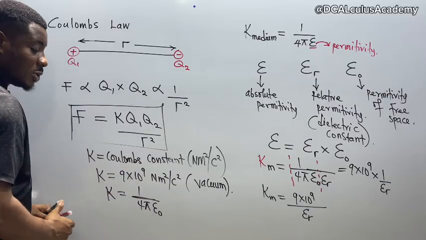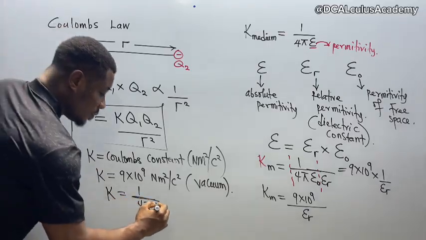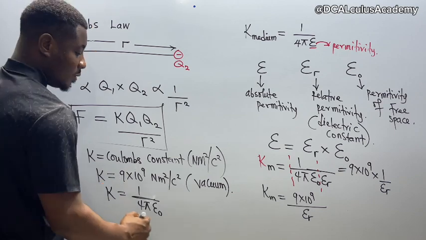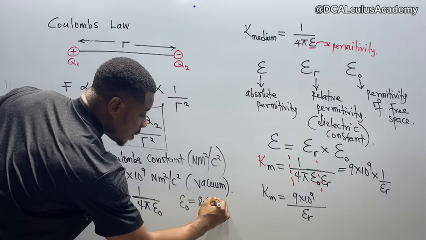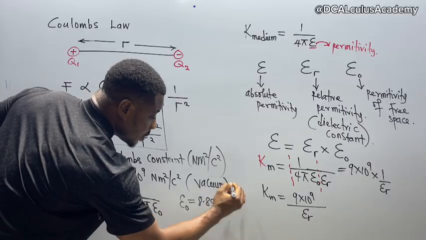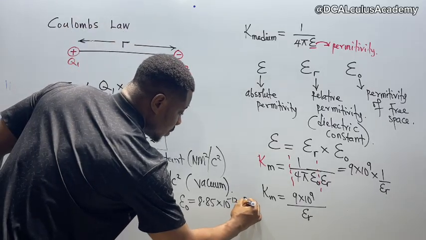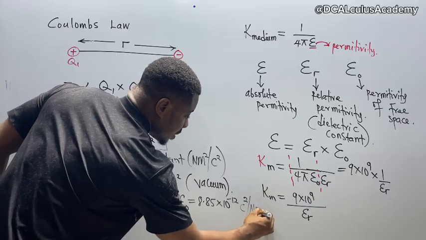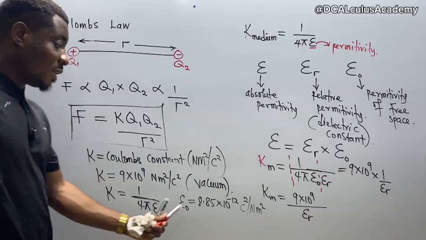Remember that epsilon naught is the permittivity of free space, and it has a value. The value for epsilon naught is equal to 8.85 times 10 raised to power minus 12 Coulomb squared per Newton meter squared. This is the unit and this is the value for epsilon naught.